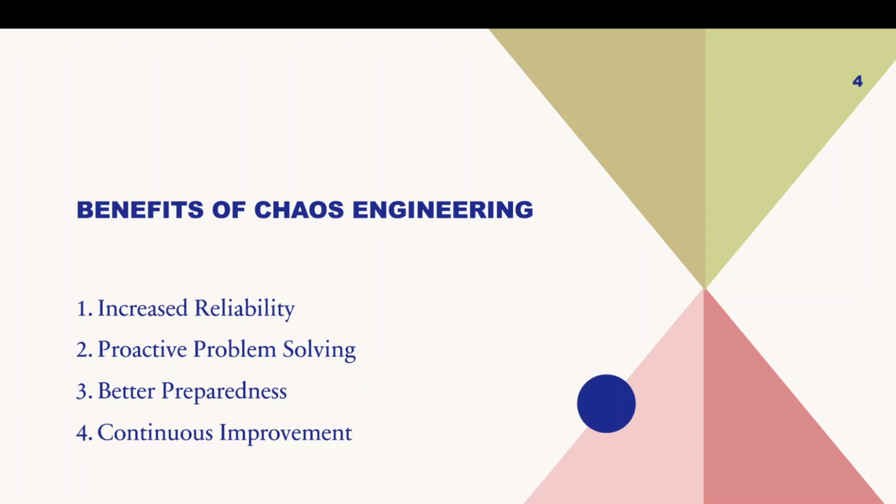Finally, chaos engineering is a powerful practice that helps SREs and DevOps engineers build more resilient systems by intentionally introducing failures and learning from them.